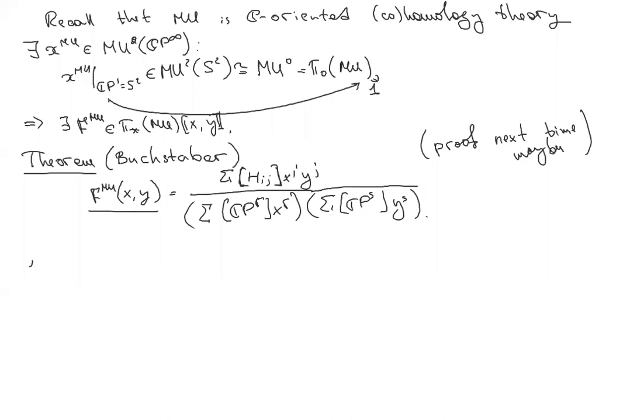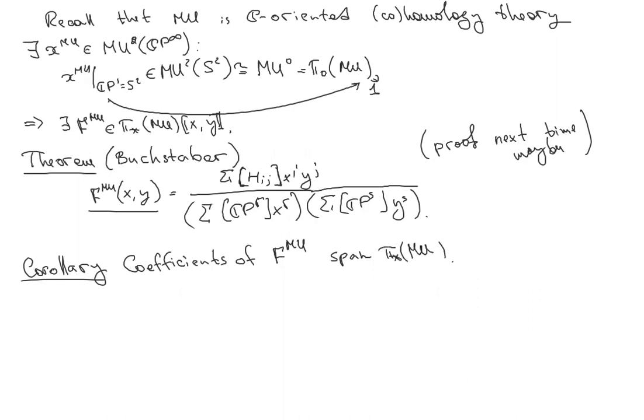The first one is that the coefficients of F_mu span pi star of mu, and we have just done it.